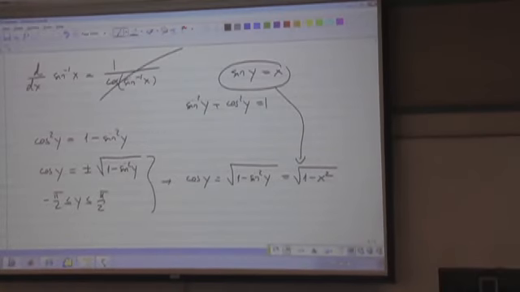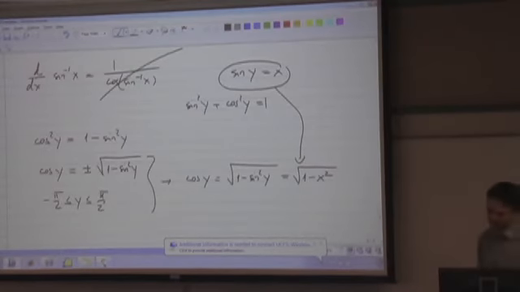Right? Do you understand how to do this? You have to do it for the homework. We're only going to derive sine and cosine, and let me see.